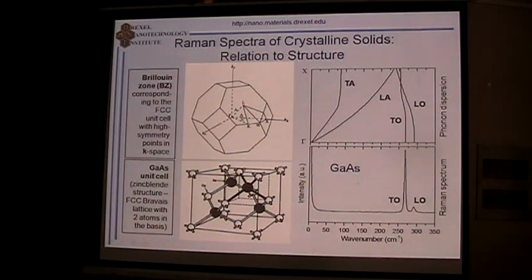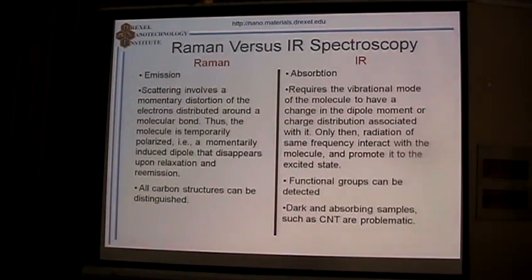And I felt badly showing previous slides in the past until I saw Millie Dresselhaus, who is considered to be a god in Raman spectroscopy of carbon materials, actually explaining Raman spectroscopy completely on the example of molecular spectroscopy, without dealing with the gamma point or Brillouin zone and more complex issues. This is an example of gallium arsenide here. So I'll skip this and move to the differences between Raman and IR.